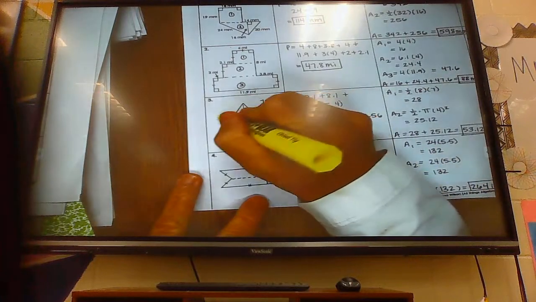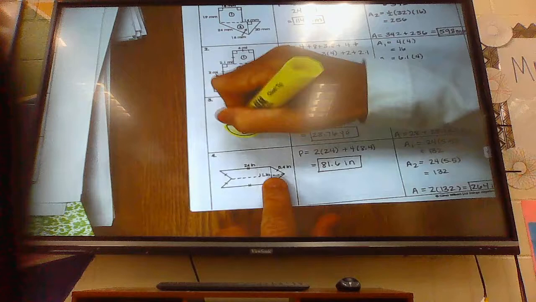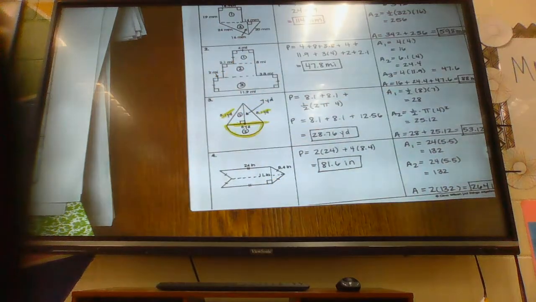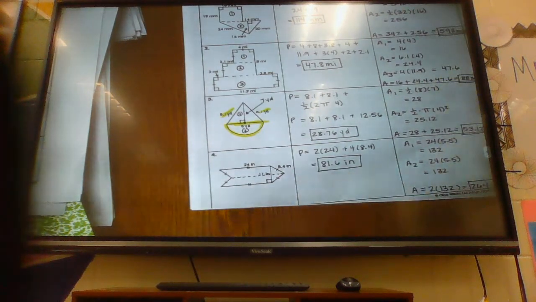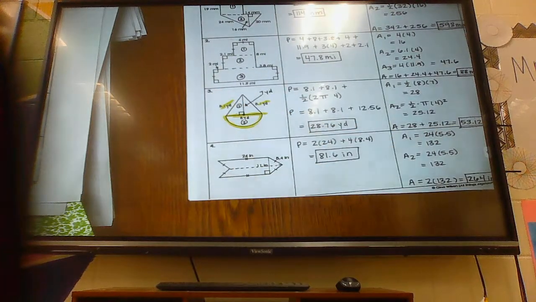Okay, and then I'm gonna find this and this and this. I'm not gonna include this for the perimeter, right? That's not on the outside. Remember we talked about perimeter being the outer. Okay, and then for area, you're finding area of the semicircle and area of the triangle.